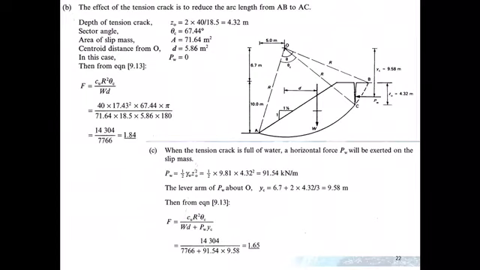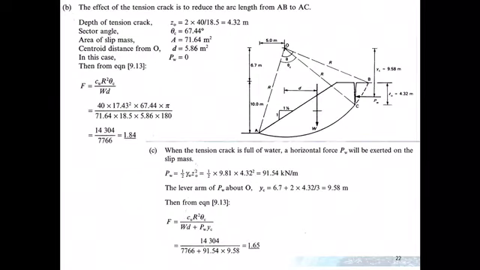Because the weight is considered before the tension crack, the area is 71.64 meters squared. D also reduced because the weight is always at the center of the section.